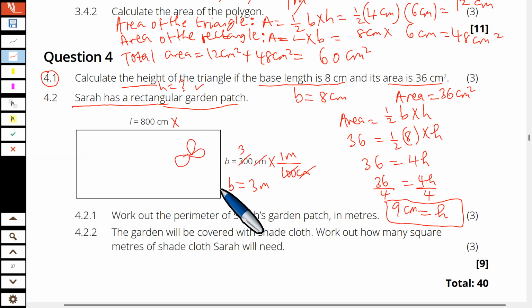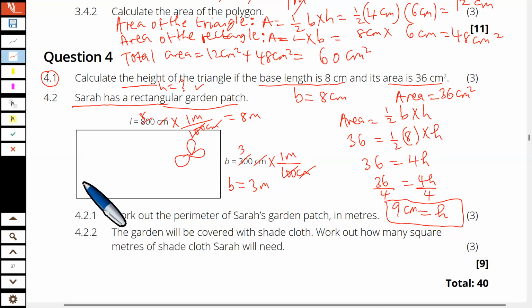You need to convert the 800 to meters, right? You need to know that 1 meter is equal to 100 centimeters. So the centimeters cancel and the 100 goes here 8 times. So now you have 8 meters.